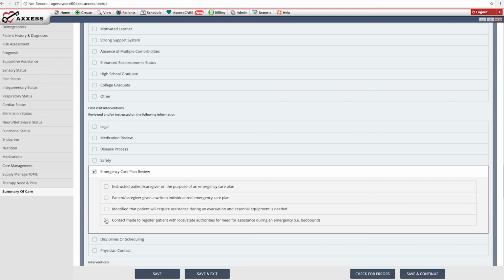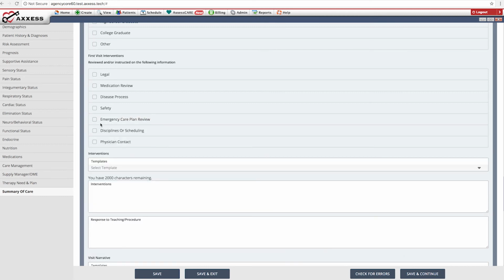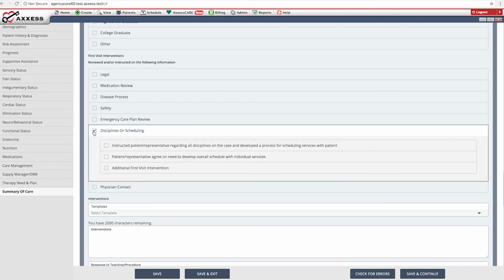Another thing that is in the conditions of participation is around this idea of disciplines and scheduling. You have to document that you instructed the patient and their representative regarding all disciplines on the case and developed a plan of care for scheduling, that the patient agrees on the need to develop the overall schedule with the individual services as well.